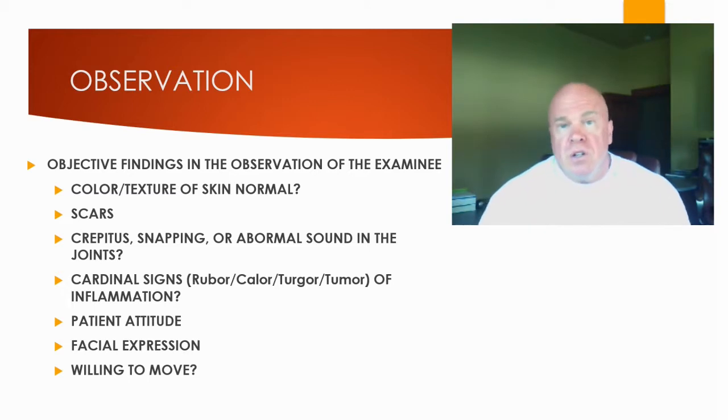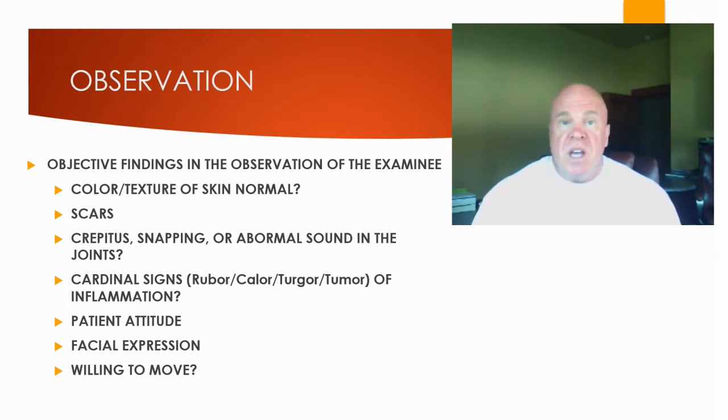So in concluding today's video, it's important that we pay close attention to our examinee and the way they communicate to us both verbally and non-verbally. And many of the pain behaviors and the observational findings that we're going to be able to ascertain are given to us by the examinee through non-verbal means of communication.